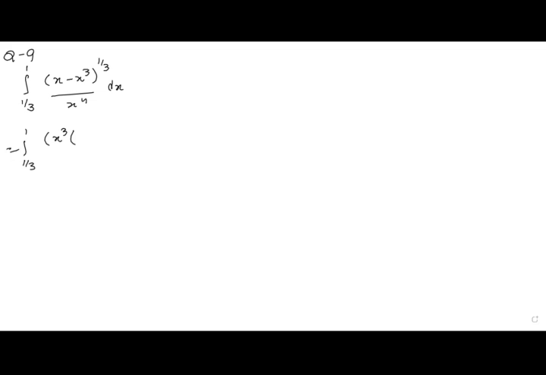From this I will get 1 by x square minus 1, right, whole raised to 1 by 3, x raised to 4 dx. Now we'll give individual powers. I will write this as x cube raised to 1 by 3 and 1 by x square minus 1 raised to 1 by 3.